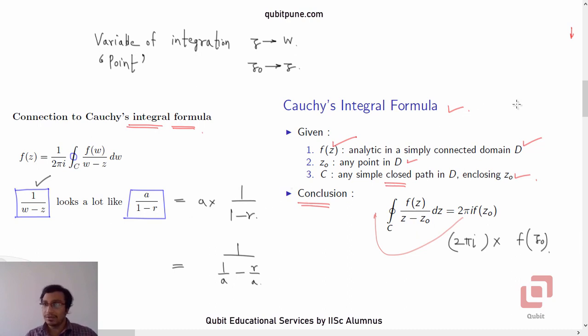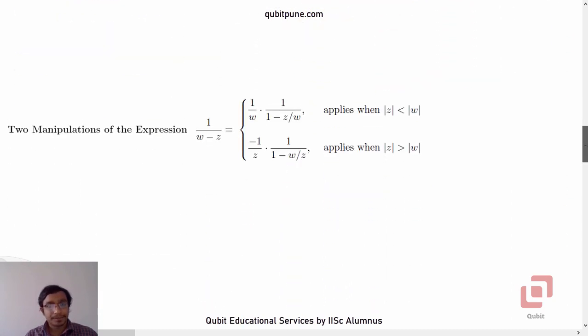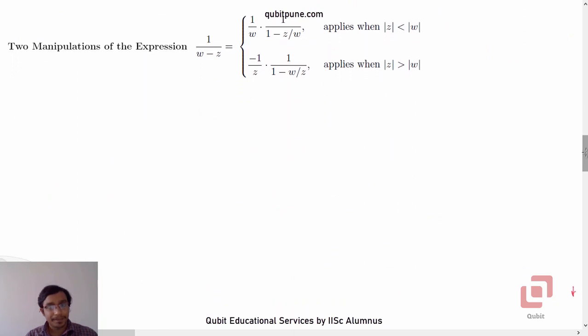There are two ways to do this, the two manipulations of the expression 1 upon w minus z. The first manipulation is very simple. You have to take w common from the denominator.